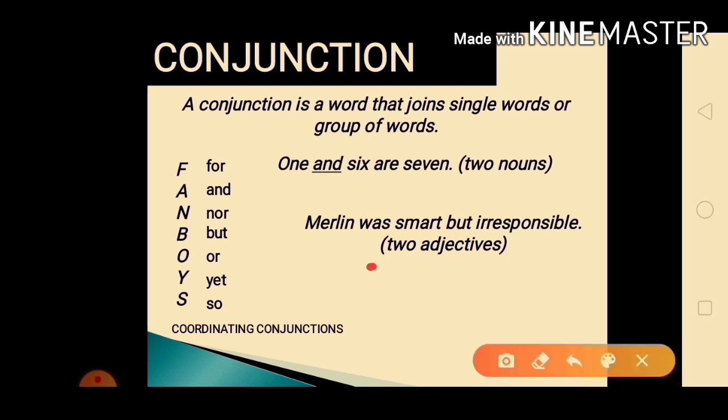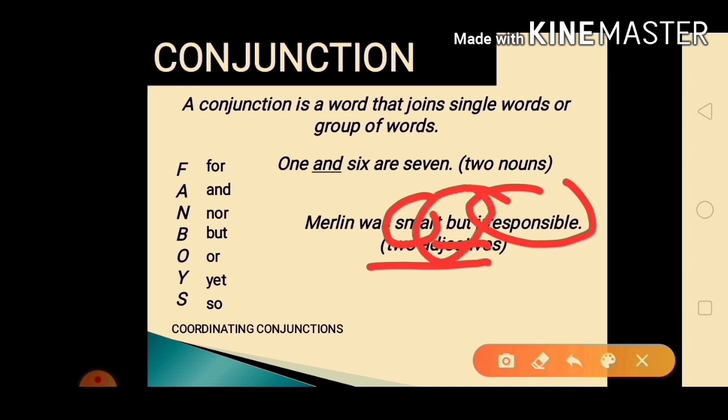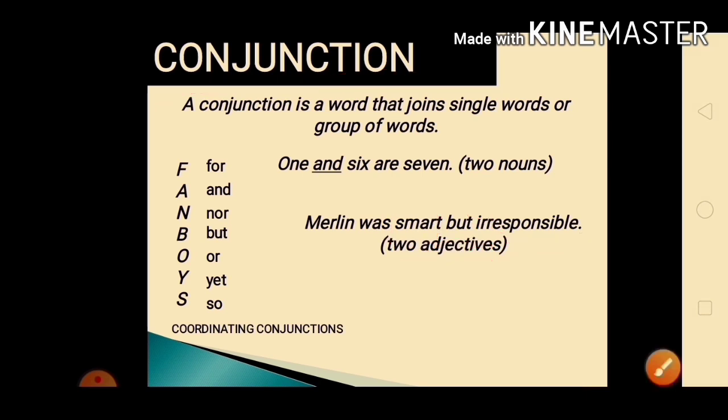As you can see, we have two adjectives, smart and irresponsible, and we are using the conjunction but. The two adjectives are being joined with but, and that is the work of conjunction.